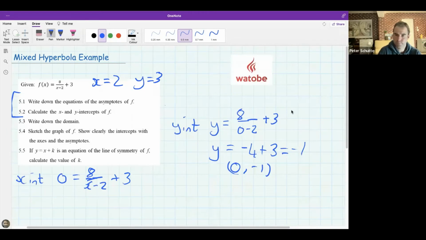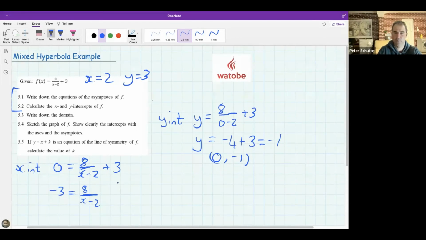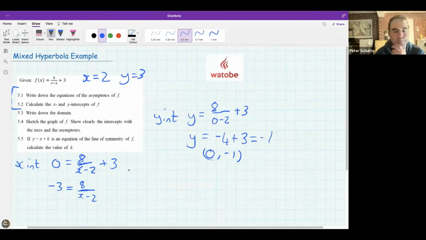We can do it. Yes, we can. So the x-intercept always seems to take a little bit longer than the y-intercept.